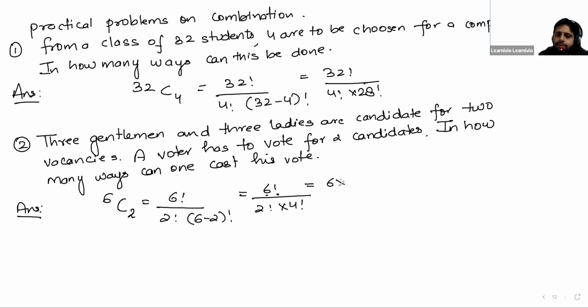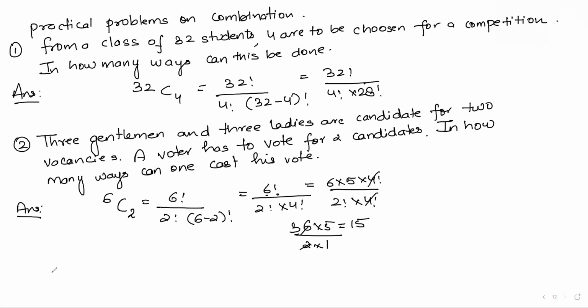You can further solve this: 6 into 5 into 4 factorial by 2 factorial into 4 factorial. The 4 factorial will cancel out. 6 into 5 by 2 into 1, so 3 into 5, which is equal to 15. Now, please let me know if you have any doubt in this.